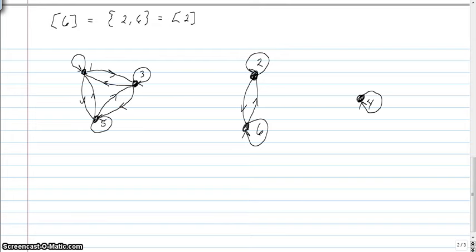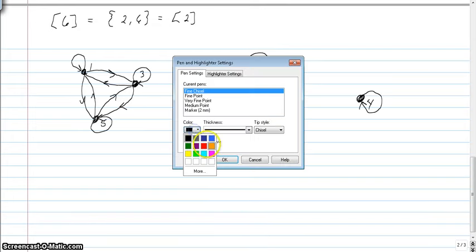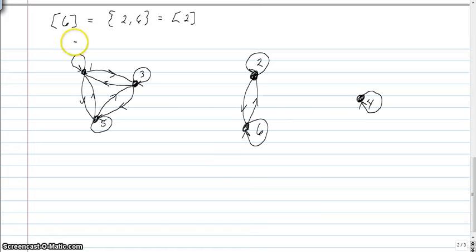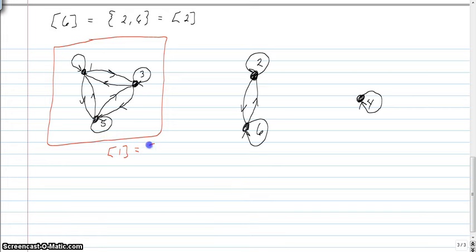So you can see in the digraph these equivalence classes. Here's the equivalence class of 1, 3, and 5.